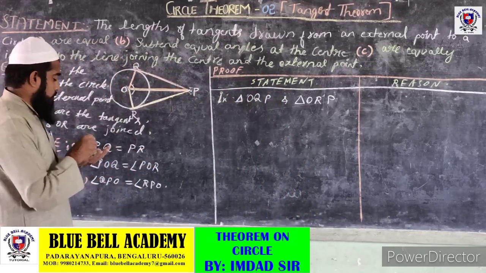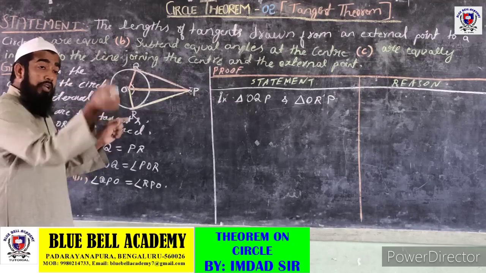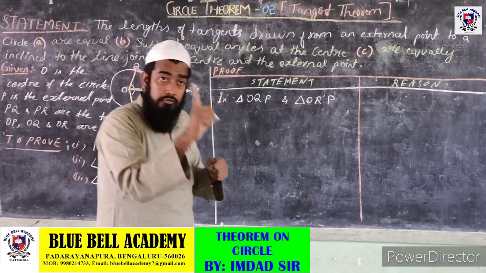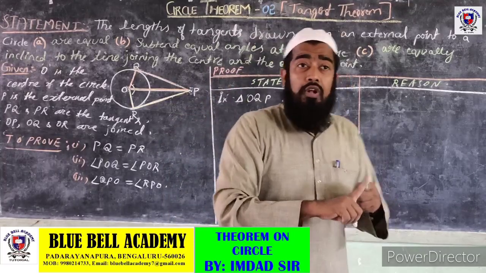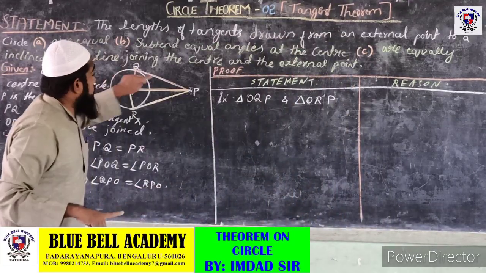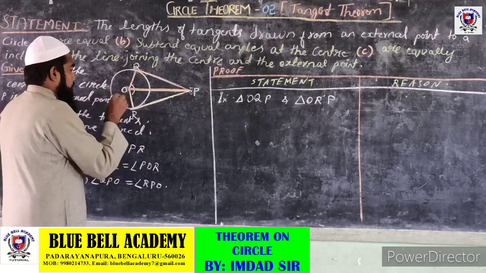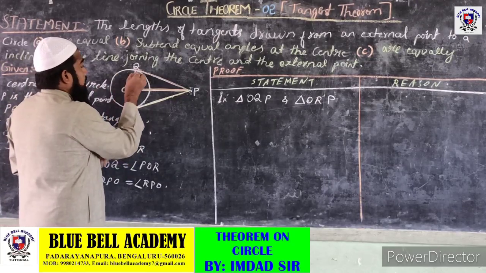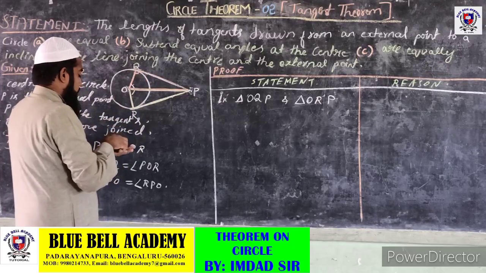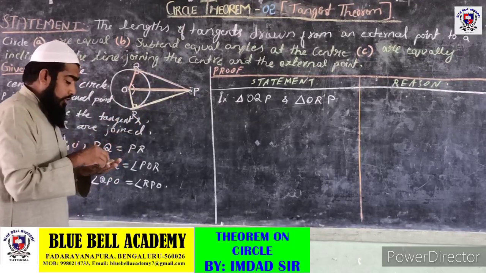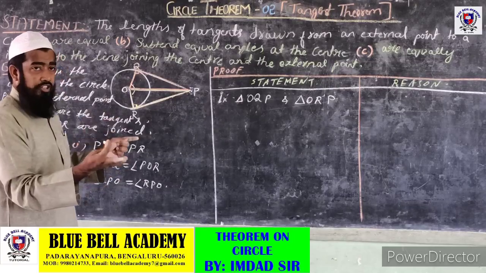You know that in the previous theorem, circle theorem 1, we have proved that the radius is perpendicular to the tangent. That means it is forming a 90-degree angle at the point of contact in both the places. Correct? So that can be written as the first observation.